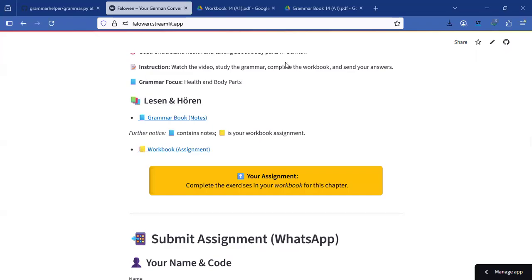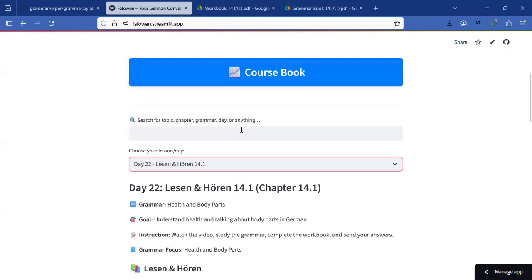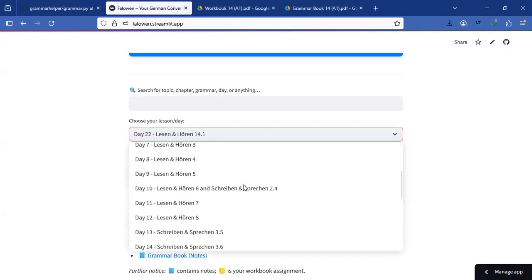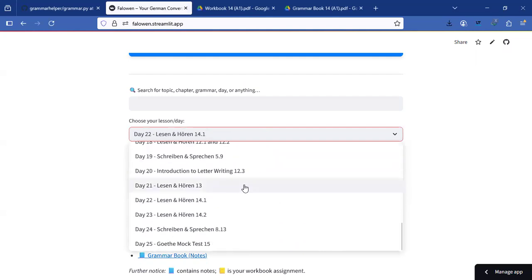Recording in progress. So this chapter, we are doing 14.1. That's going to be the last assignment for the course, right? And in 14.2, I'm just going to add some grammar information that you can use to write your letters and also to progress to A2.